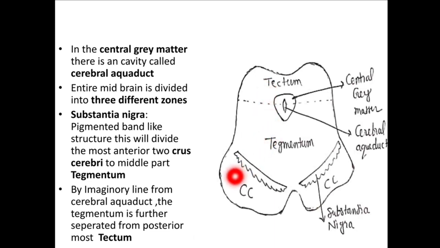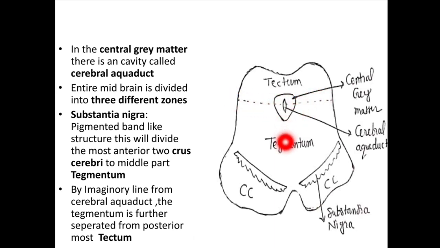A pigmented band-like structure called the substantia nigra divides the most anterior crus cerebri from the middle part, the tegmentum. So the substantia nigra divides the crus cerebri from the tegmentum, by an imaginary line from this cerebral aqueduct.